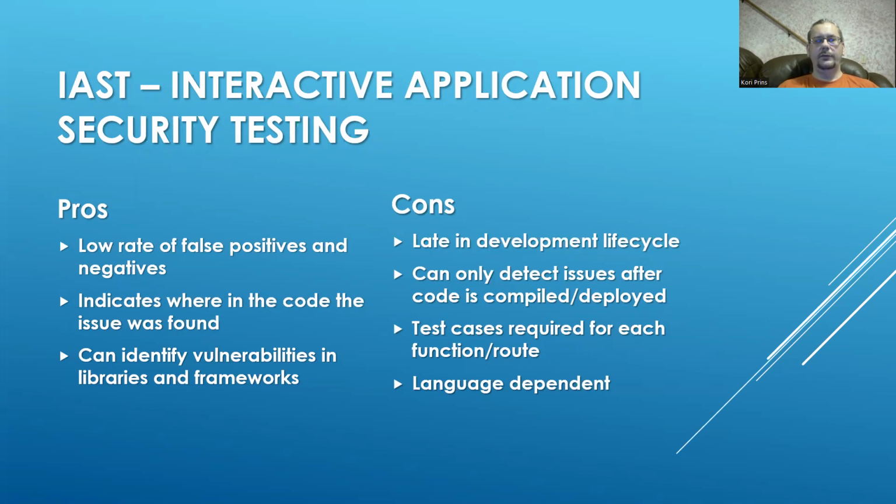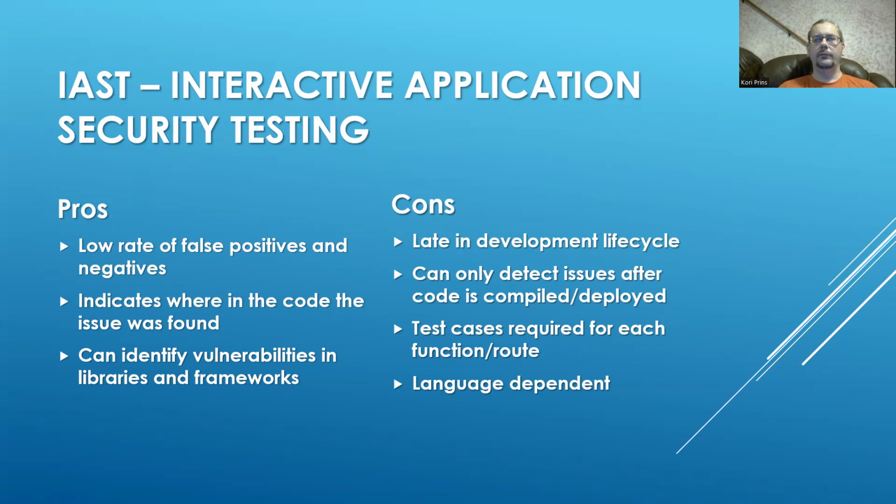Additionally, because the IAST application analyzes the application on a code level, most IAST tools are language dependent. Most of the common languages, as mentioned before, Java, Node.js, etc., have IAST options available.